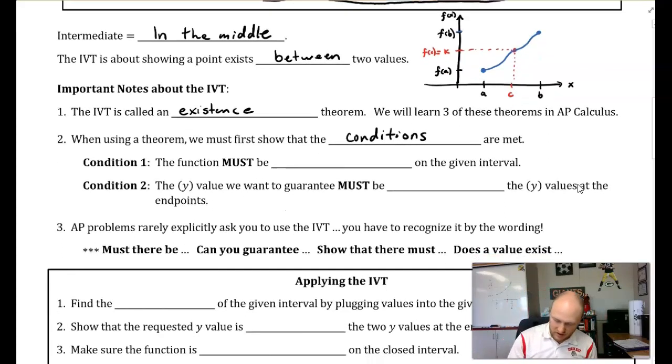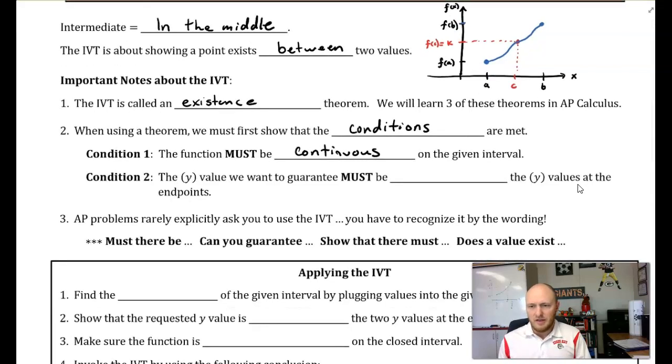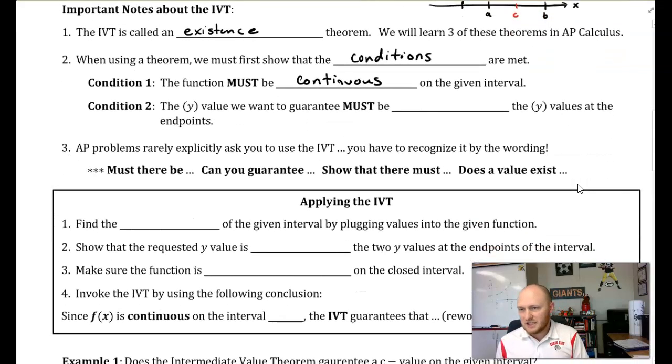Well, first of all, I told you that the function must be continuous. That is condition number one. Whew! Tripping up over all these C words. Condition number two, the y value we want to guarantee must be between the y values at the endpoints.